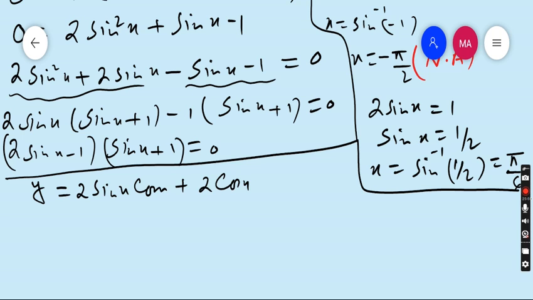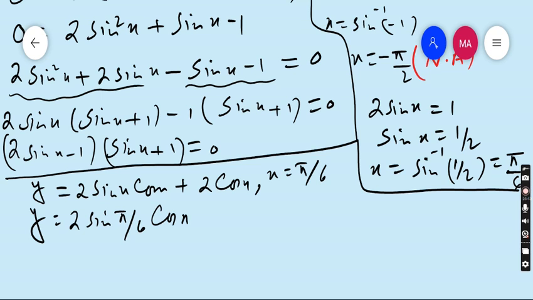This is our y value. Now first we have to put x is equal to pi by 6. So y is equal to 2 sin pi by 6 cos pi by 6 plus 2 cos pi by 6.